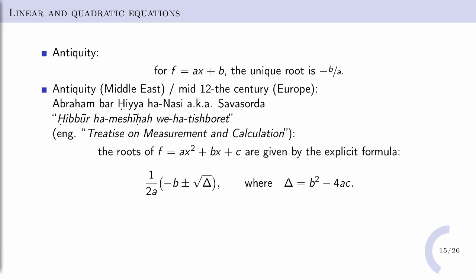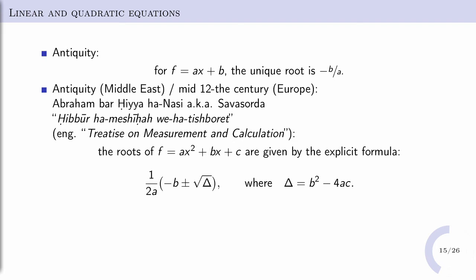I don't say it was published in Europe, because it was before Gutenberg, before the invention of printing. We can hardly say that it was published. It was being written and rewritten by the monks. So there was handwriting rather than publishing at that time, but it appeared in Europe in the 12th century.